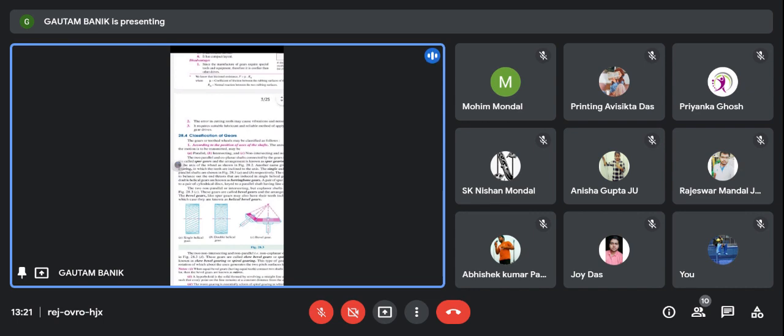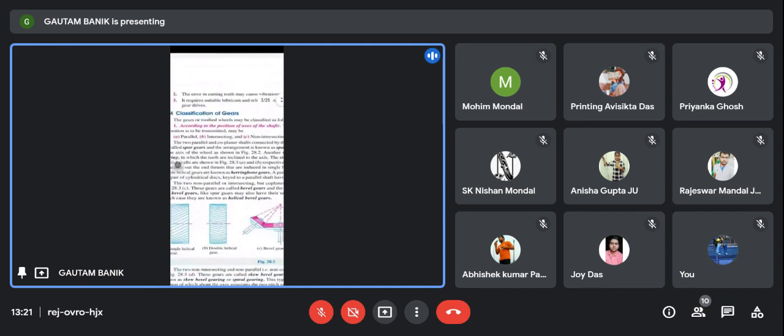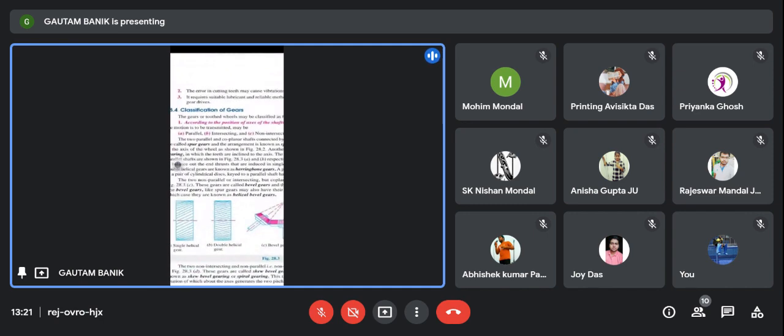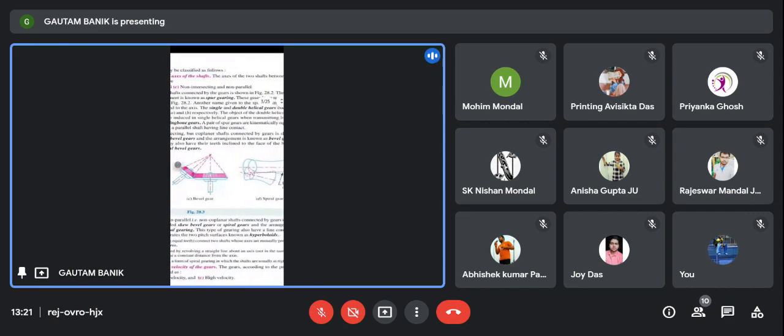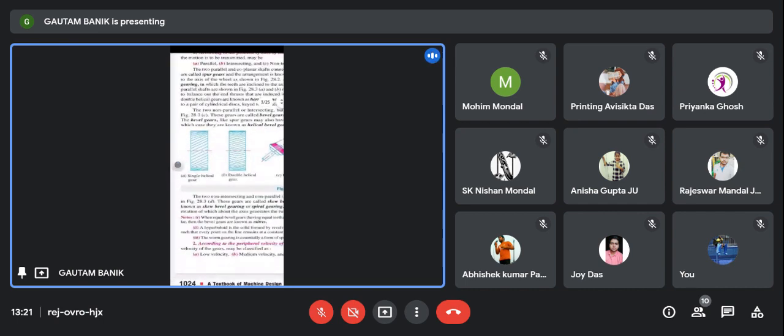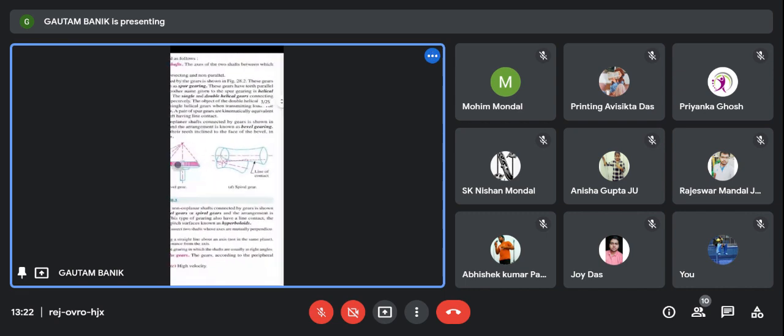Now, the classification of the gears is as per the attachment of the gears. Number one is according to the position of the axis of the shaft: parallel, perpendicular, intersecting axis, or skew line.